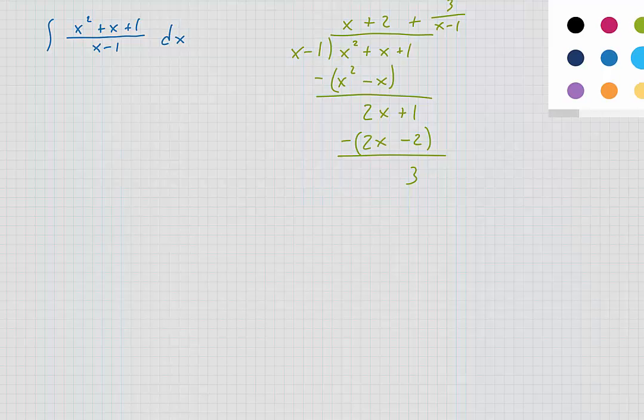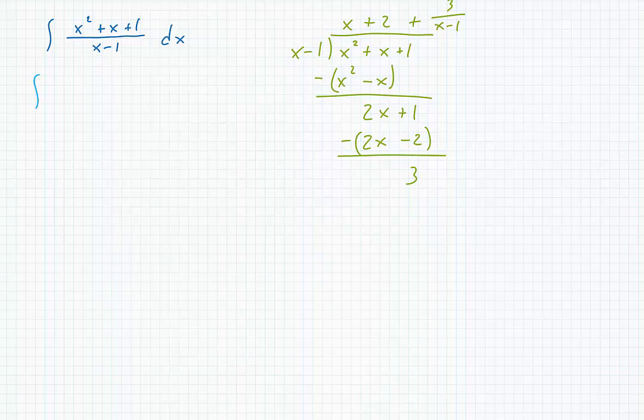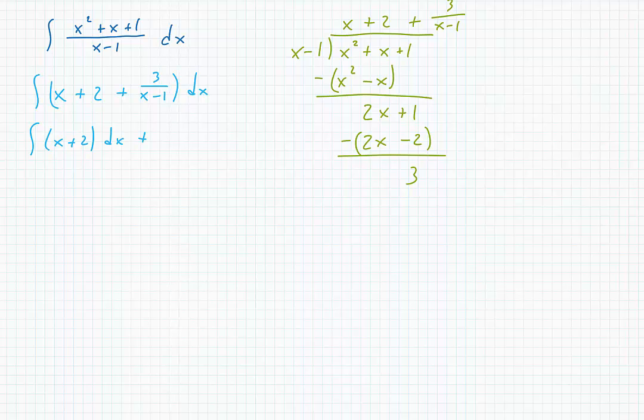What this says is this is the same thing as the antiderivative of x plus 2 plus 3 divided by x minus 1 dx. I'm going to break that into two pieces: the x plus 2 part and the 3 over x minus 1 dx part.